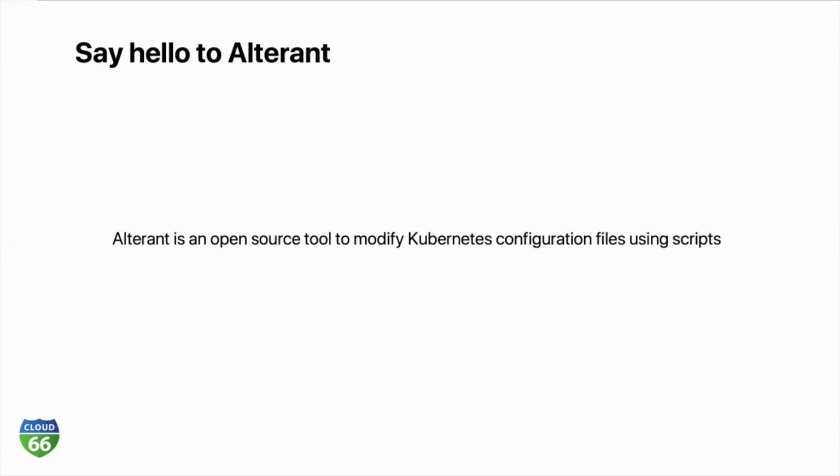So with all that context, I'm going to jump right into a demo and show you 3 demos. The first one is a very simple one. The basic thing that I want to do is just automatically add annotation to all services in my configuration files. And that's a fairly simple one.